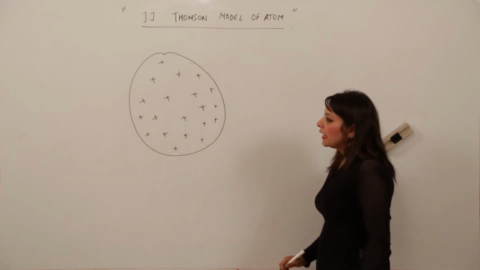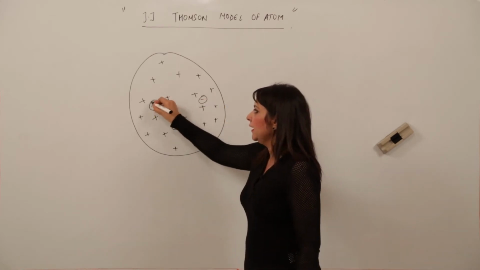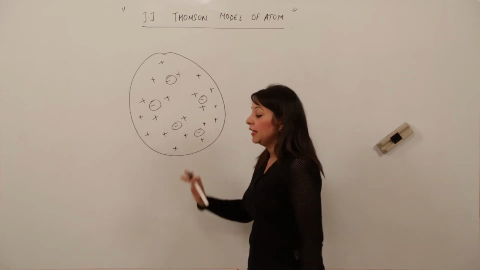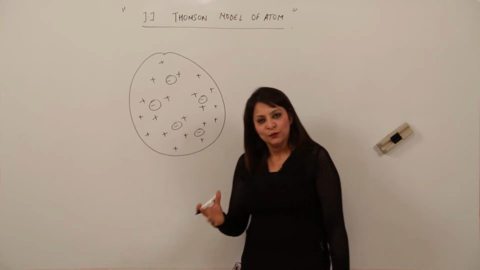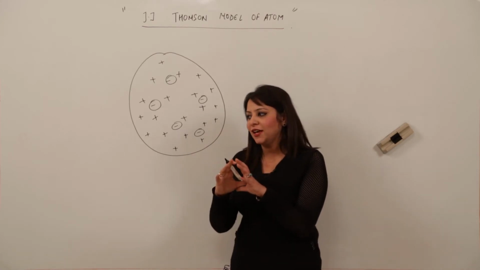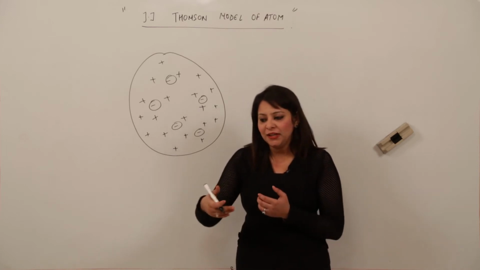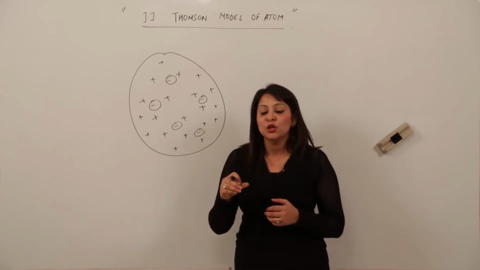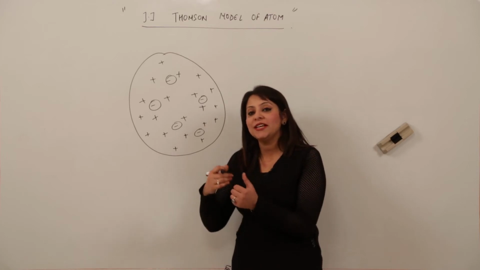Then he said that it contains a few negative charge particles like this, and the arrangement is such that you must have seen the cake, right? When we see a cake, it is beautifully white cream, or a strawberry flavor or pink, the color can be anything. So the whole color of the cake is one, but it has the red cherries embedded in it. So he compared the model with the plum pudding model, or you can say the watermelon.